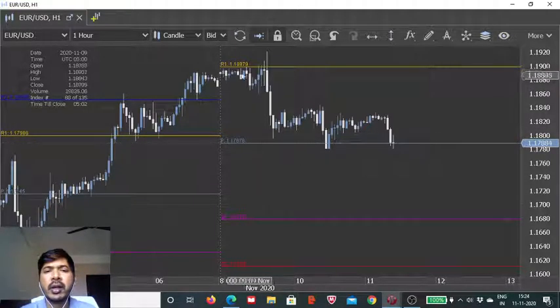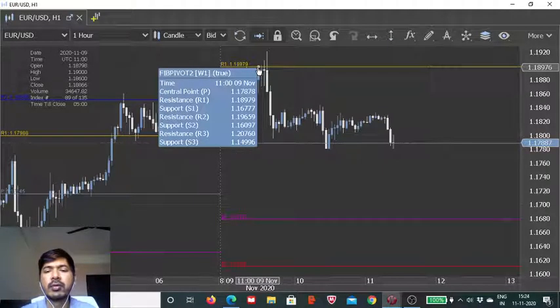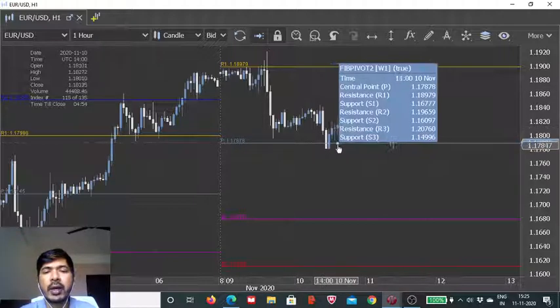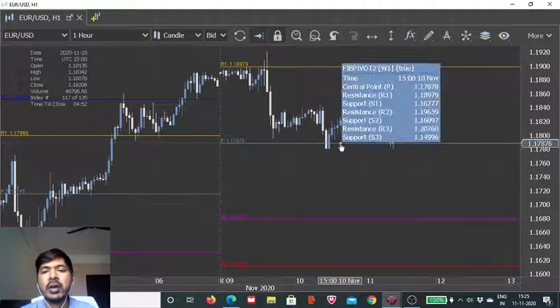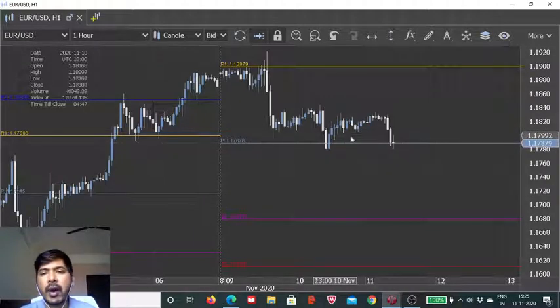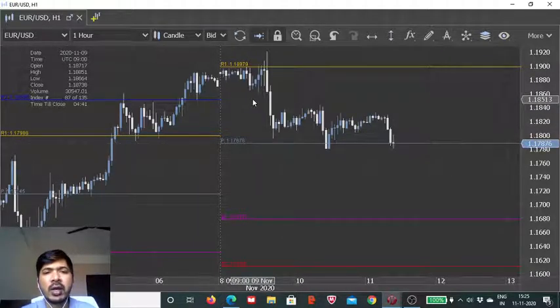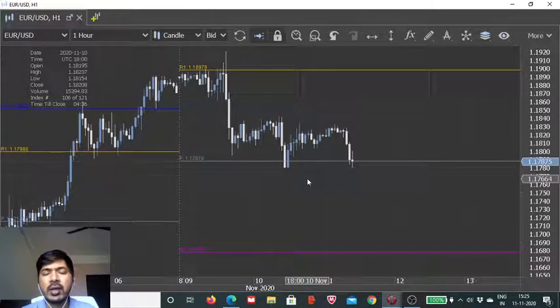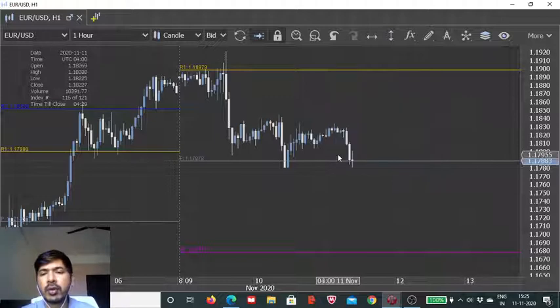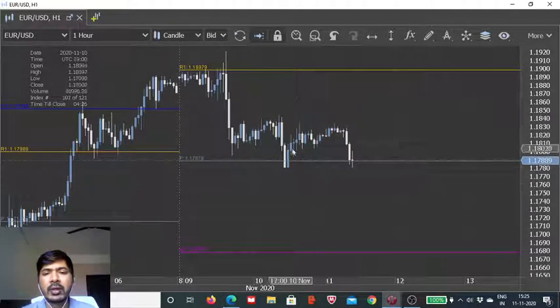As you can see here, it struggled closer to the first resistance of this week's resistance zone, and then after coming down, it is now consolidating closer to the central pivot point, which is the key area, and whenever the price is above it, it generally acts as a support zone. So from this example, it is fairly clear that these are key levels, and as I said, we use these as the marker of the trend of the underlying instrument, and we will be looking for buy trades as long as the price action is holding well above it.